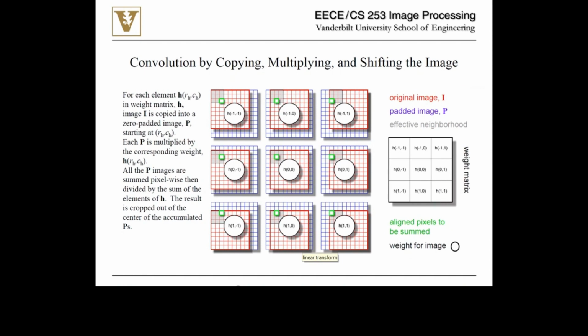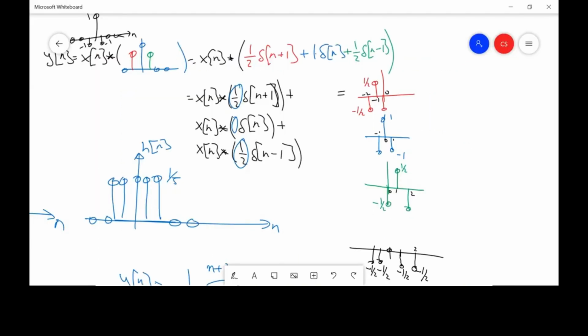And this blue area here is the maximum extension that my sum can take. This was also seen in 1 dimension. In 1 dimension, my signal went from -1 to 1 in n, but my output goes from -2 to 2. So the output of a convolution is always wider than the original image.